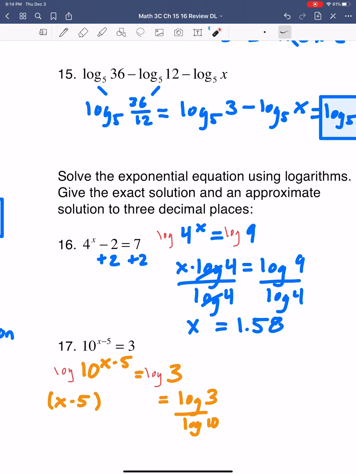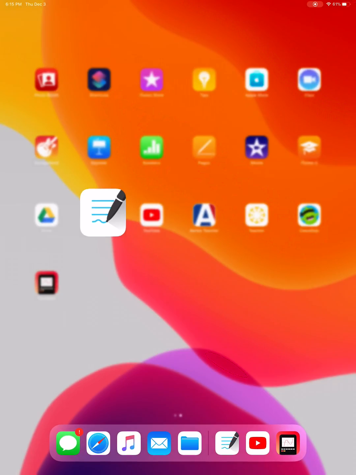I'm still going to have to, at the end of this, add 5 to whatever my answer is here, right? So I can go ahead and rewrite that if I want as x equals log 3 over log 10 plus 5.